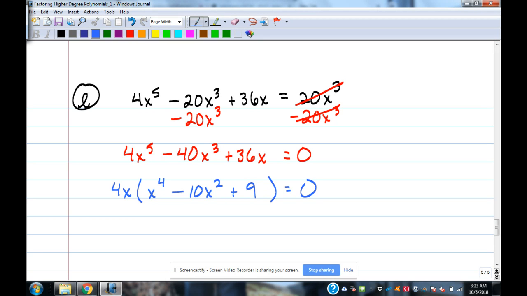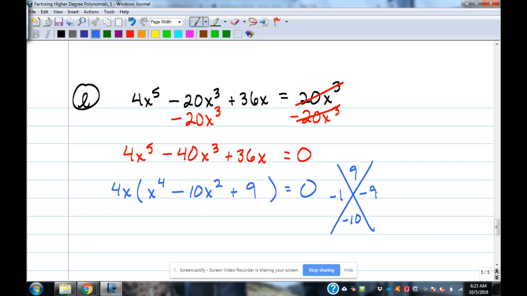Now, can this part in parentheses factor? It's got 3 terms. I'm going to try X method on it and see if it will. There's no guarantee that it does, but because that's what we're doing, it probably is going to. 9 on top, negative 10 on the bottom. Yeah, negative 1, negative 9.